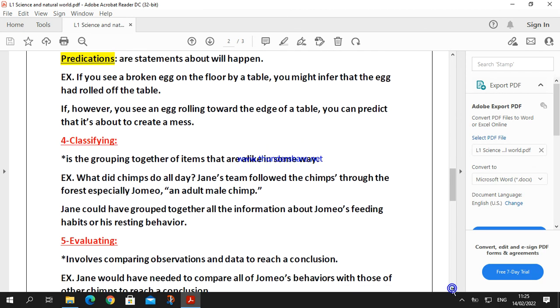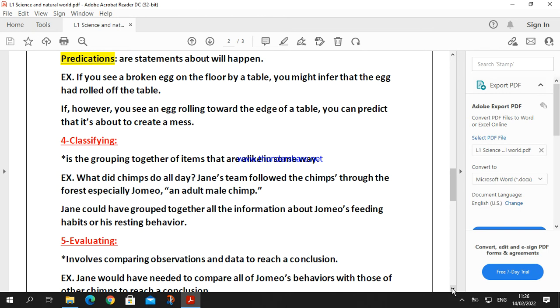Classifying. The fourth skill, classifying, is grouping together items that are alike in some way. Example: what did chimps do all day? Jane's team followed the chimps through the forest, especially Jomyu, an adult male chimp.